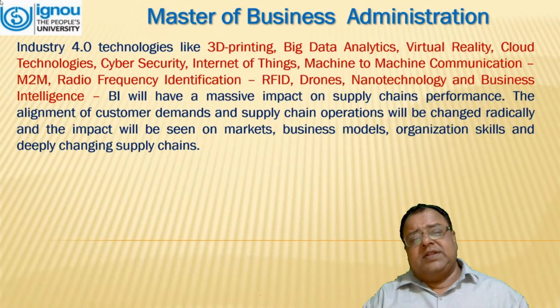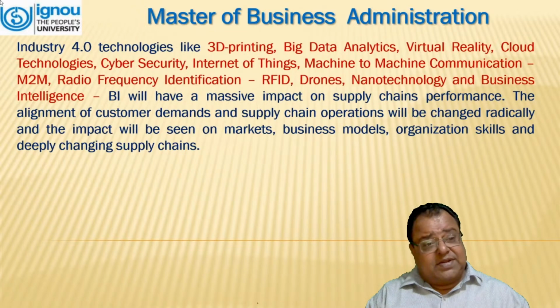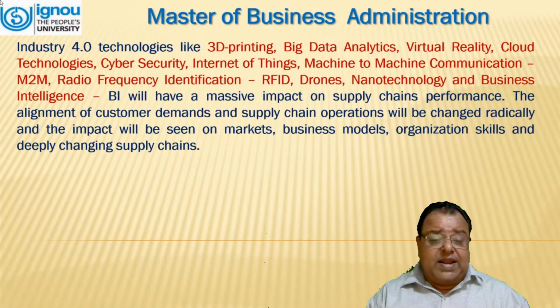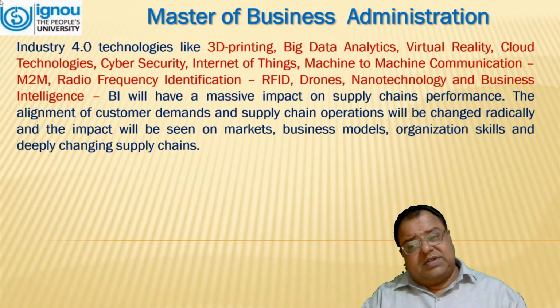Industry 4.0 technologies like 3D printing, big data analytics, virtual reality, cloud technologies, cybersecurity, Internet of Things, machine to machine communication, radio frequency identification, drones, nanotechnology, and business intelligence will have a massive impact on supply chain performance.